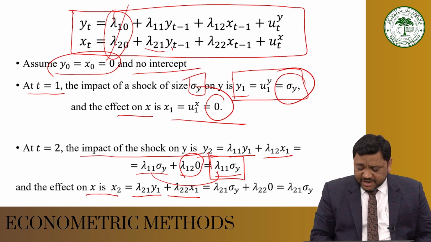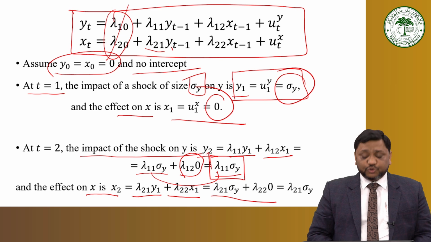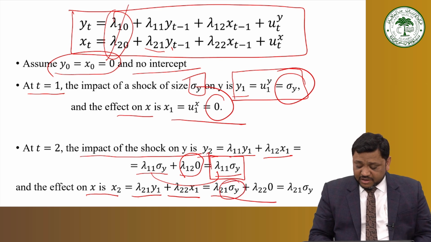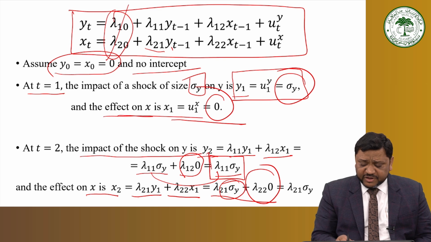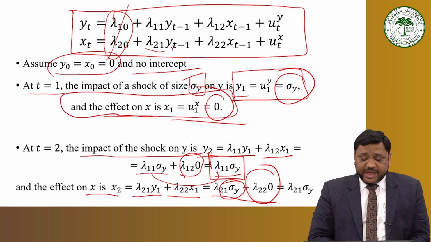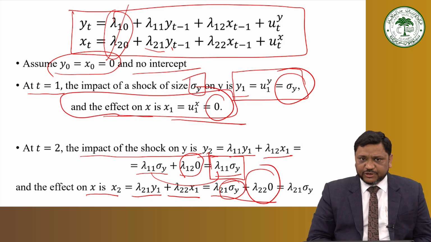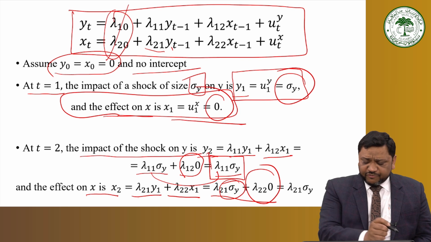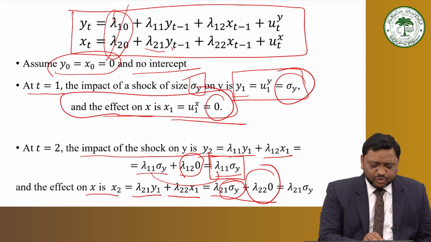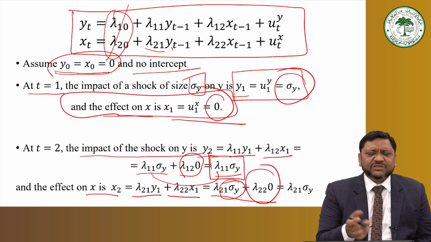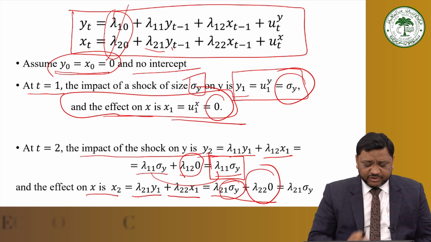This we can write as lambda 21 sigma y, and the second term is 0, because the effect on x is equal to 0. So what we are basically seeing here is that we are assuming we start with y0 equal to x0 equal to 0.